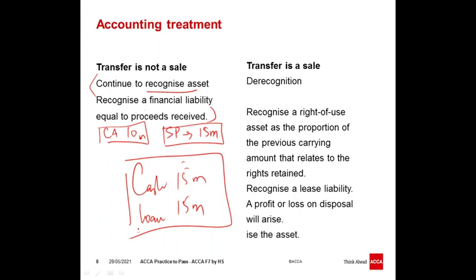The accounting entry should be cash debit and loan credit. The carrying amount of the asset will still remain on the face of the balance sheet.